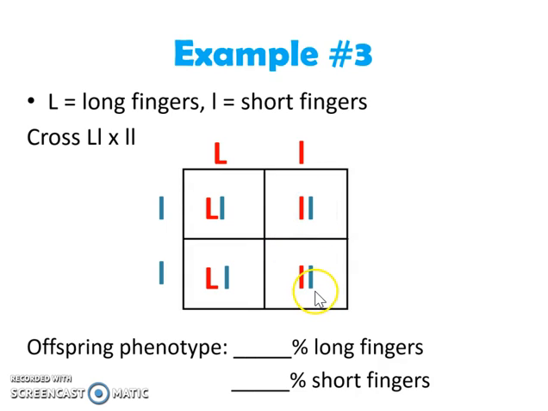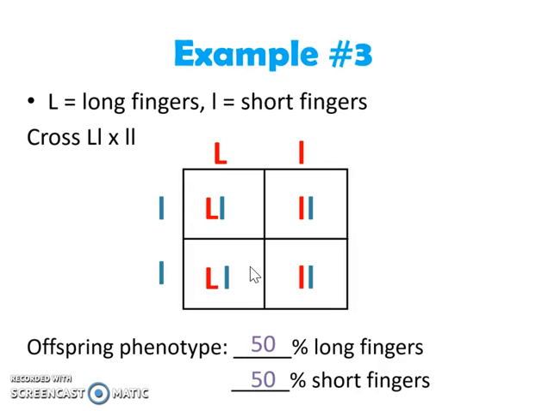These do not have a big L. If there is no capital letter, all lowercase, they will show the recessive trait because there's nothing to take over. So we have two squares with capital letters, two squares lowercase. So that means there are 50% long fingers, 50% short fingers.